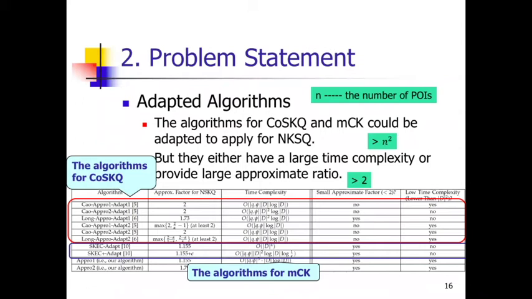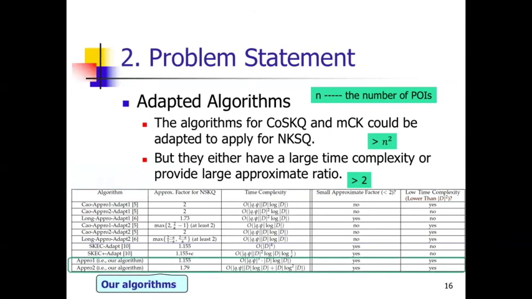And the algorithm in the blue box is adapted from the algorithm for MCK. As you can see in the table, they either have a very big time complexity, which is larger than n squared, or a very large approximation ratio, which is larger than 2.